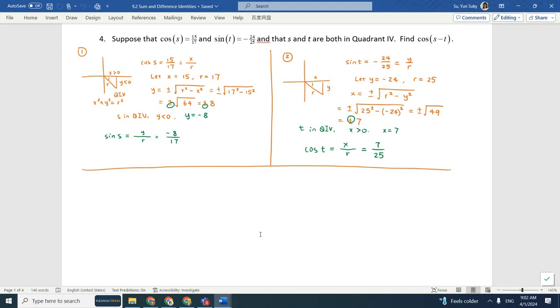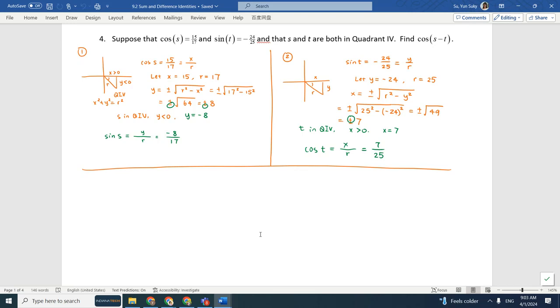Remember in chapter 7, given any one of the trig functions, you can express it in terms of x, y, and r. Then you can draw the triangle on the xy plane to figure out the remaining side, and then write down all the rest of the trig functions. Do you still remember this from chapter 7? In this problem I give you cosine or sine, but I can give you any one of the trig functions.